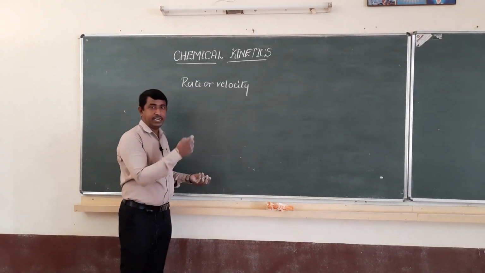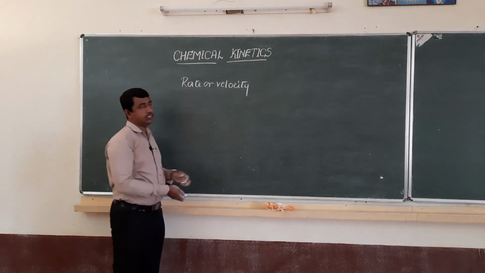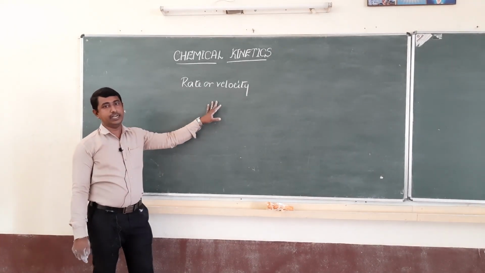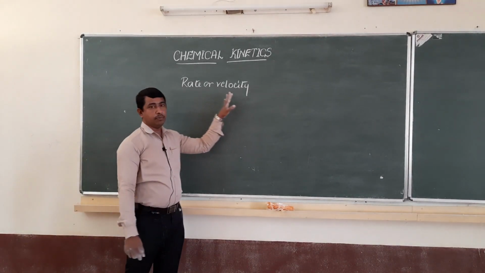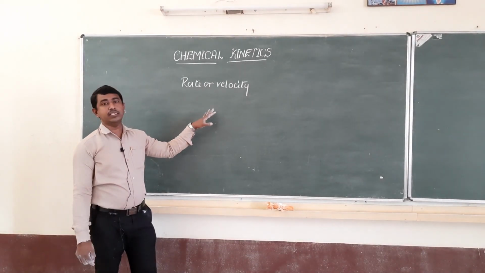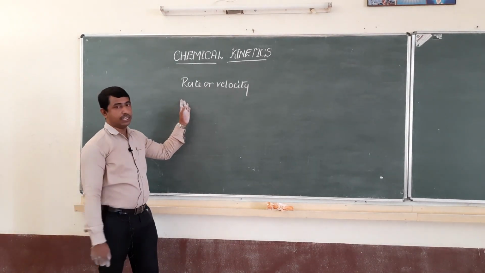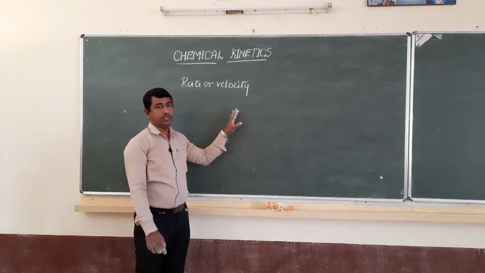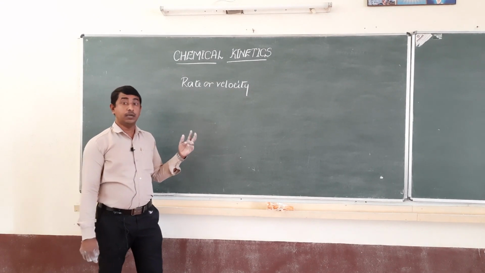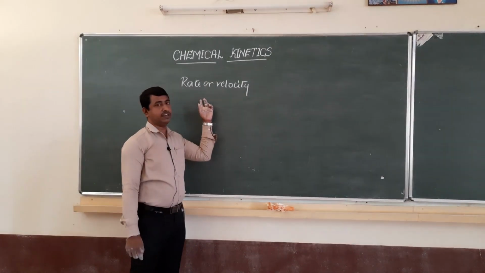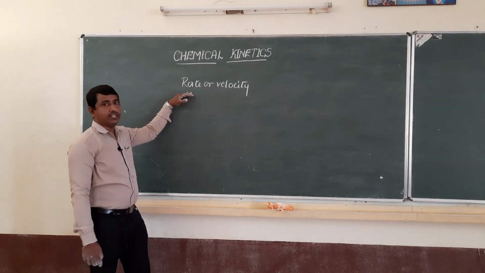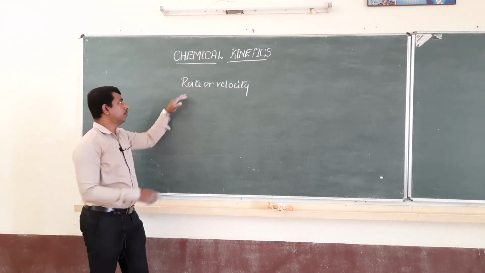By taking a reactant, rate is the rate of disappearance of a reactant in a unit time. By taking a product, rate is the rate of appearance of the product in a unit time.